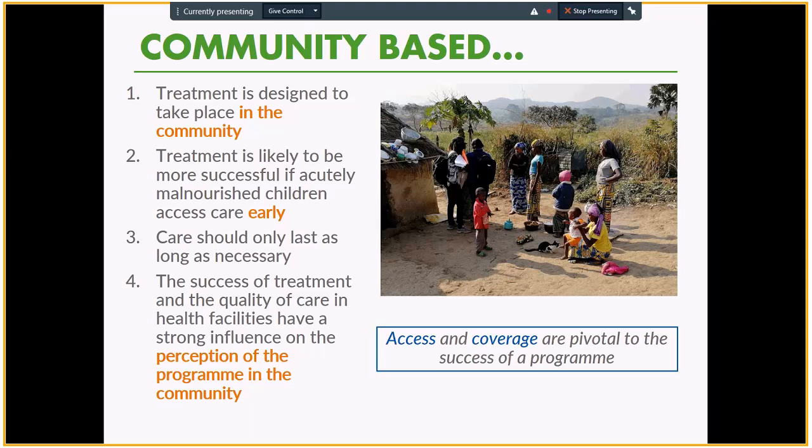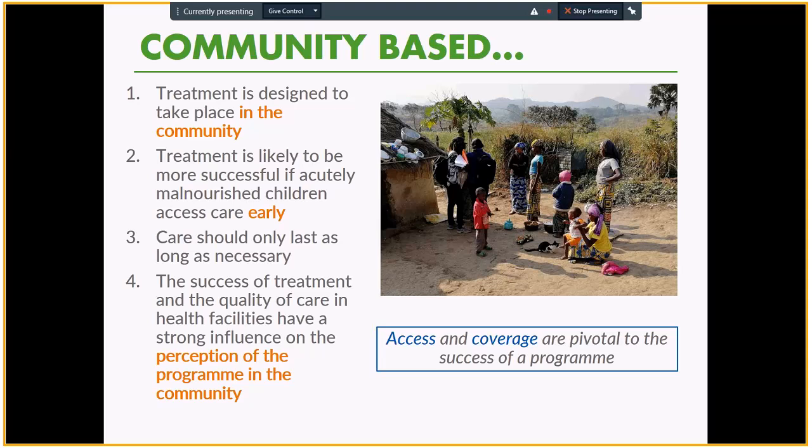So if the health centre staff are very rude or very unwelcoming to the carers who are coming in, then this can lead to a very negative perception in the community, and negative perceptions can spread, and therefore people won't come to the programme. So it's important to have a very strong programme in the health facilities to start off with, where there are competent staff who know very clearly that the process of treatment is really, really important.